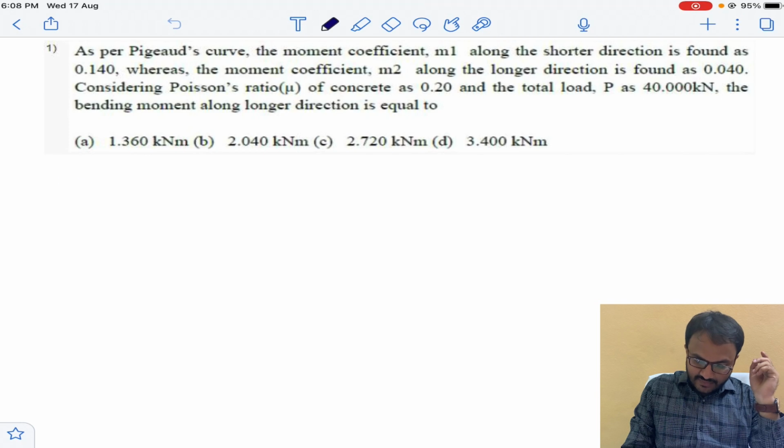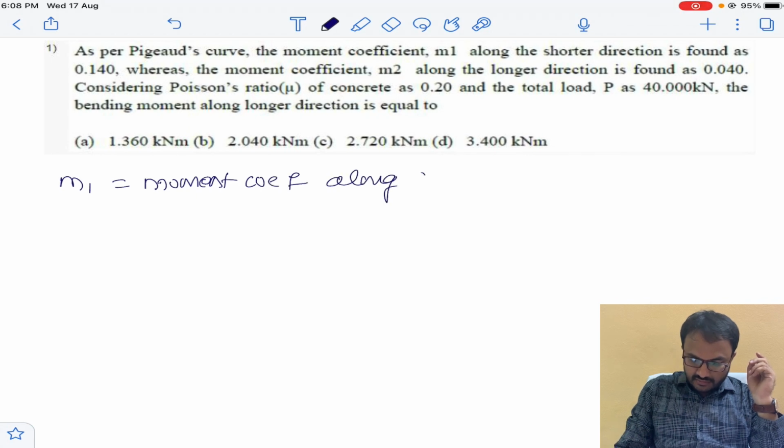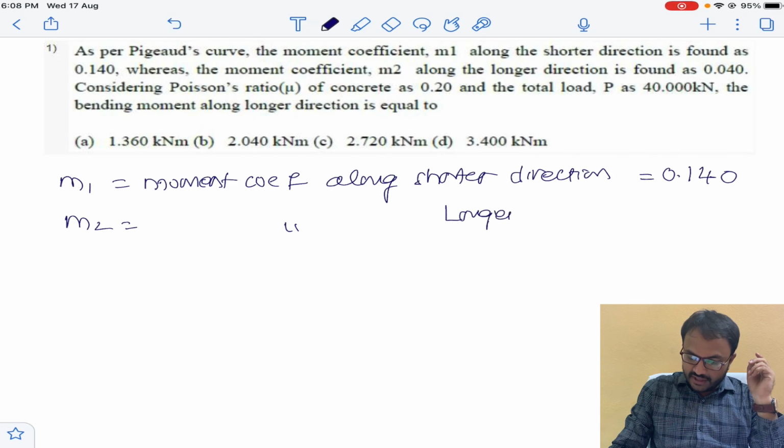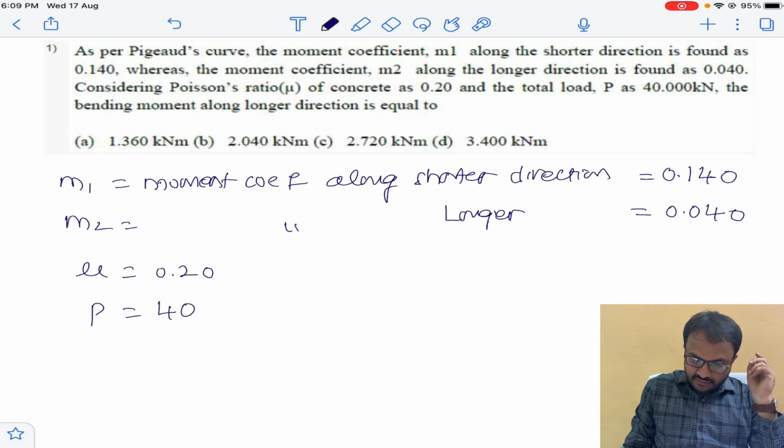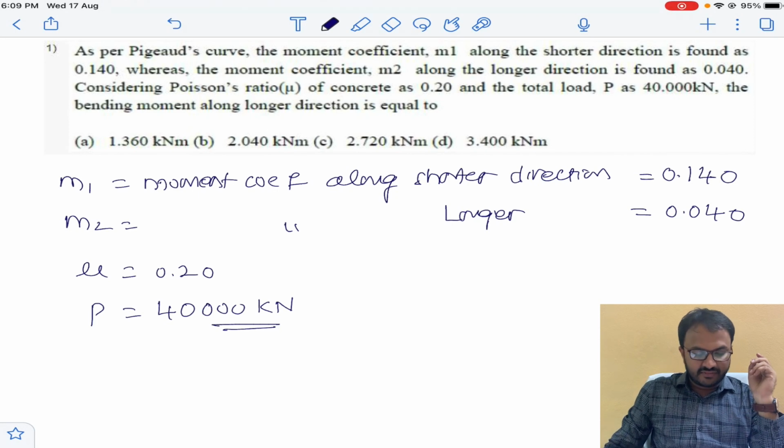He has given m1, the moment coefficient along the shorter direction, as 0.140 and the moment coefficient along the longer direction 0.040, and Poisson's ratio of concrete 0.20 and concentrated load P equal to 40,000 kilonewton.